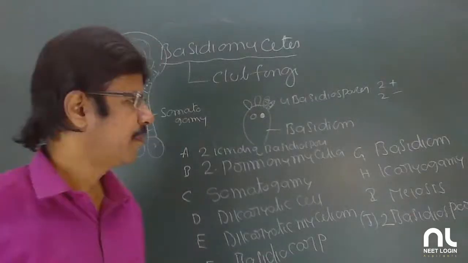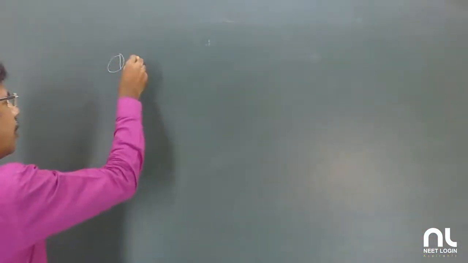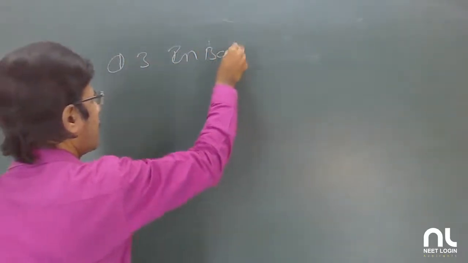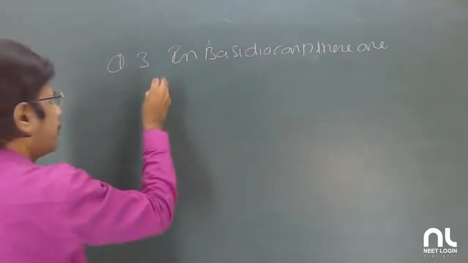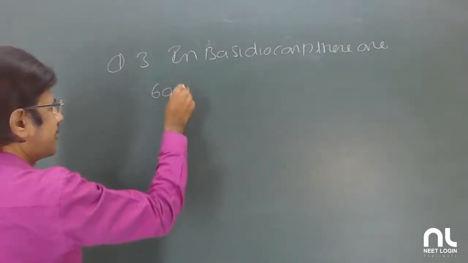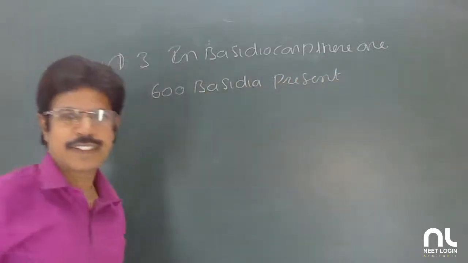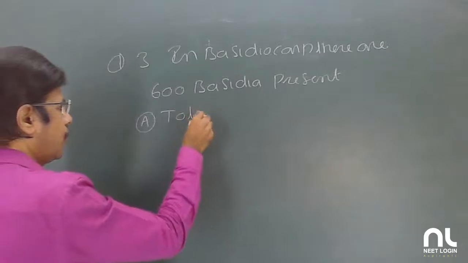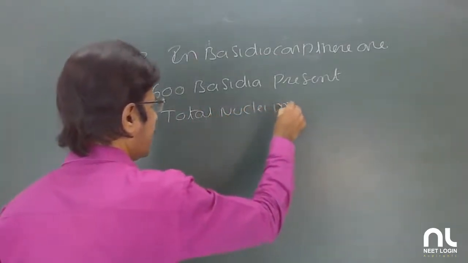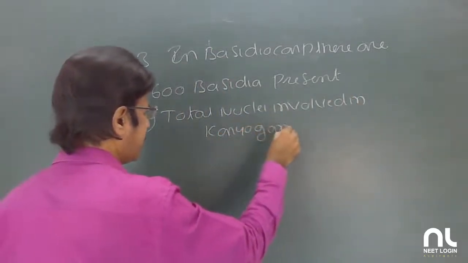Okay. This is the sequence. Suppose in a basidiocarp there are 600 basidia present. A, total nuclei involved in karyogamy.